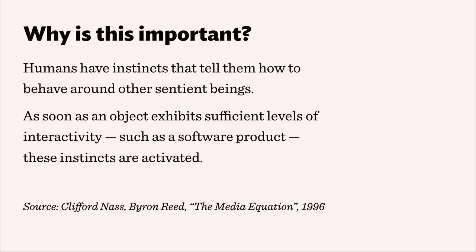So as soon as an object exhibits enough interactivity, like a software product where when you tap something, something happens, and something happens back, those instincts that tell you that this is a person are activated, right? That's why you get so frustrated with your printer. Your printer doesn't hate you, right? Your Mac didn't crash on purpose, and yet you're assigning these human traits to software products, right?